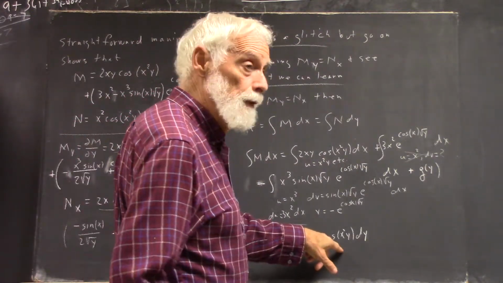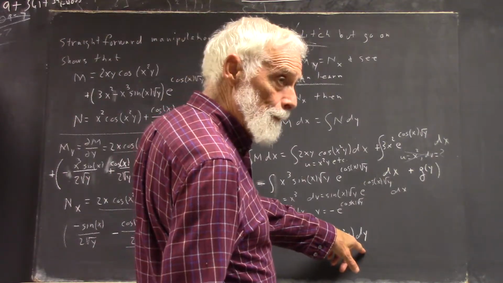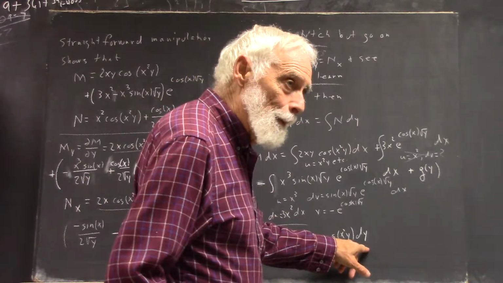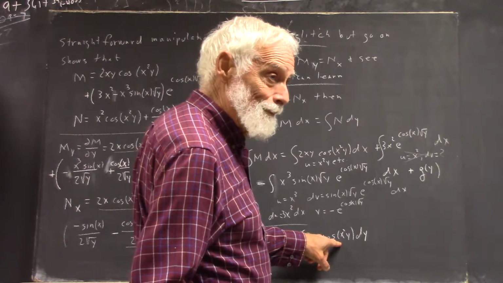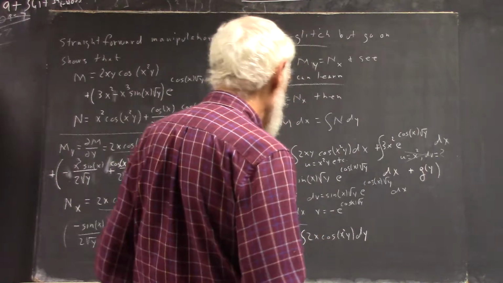U equal x and dv equal cosine of x squared y dy, because it's a function of y, and that x squared is just a constant, okay? So the antiderivative here is straightforward.